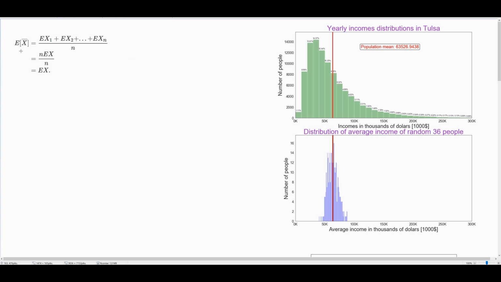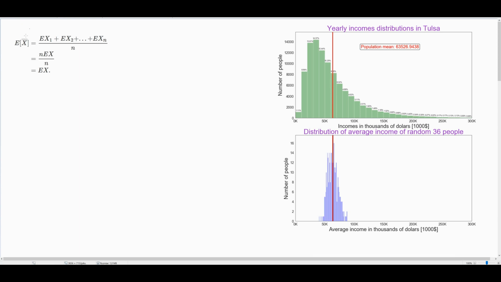And here we have a proof that the expected value of a sample mean is the expected value of the population. So expected value of a sample, this distribution, should be the same as expected value of the population.